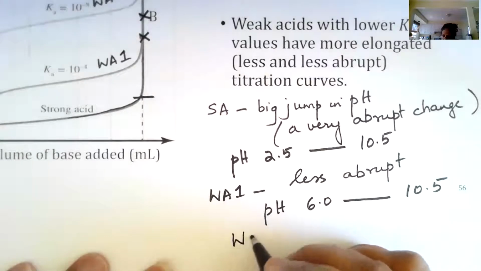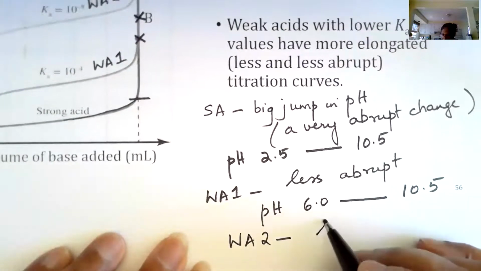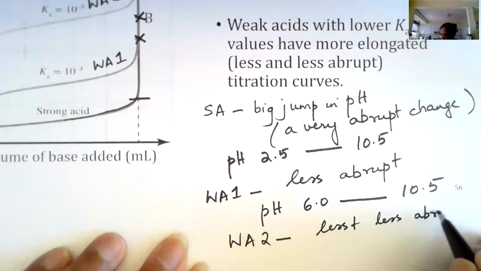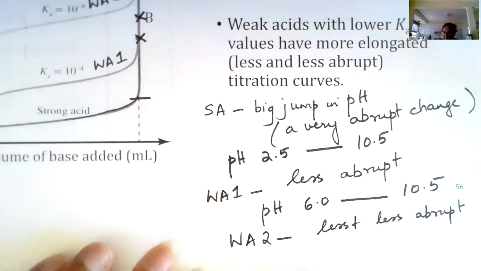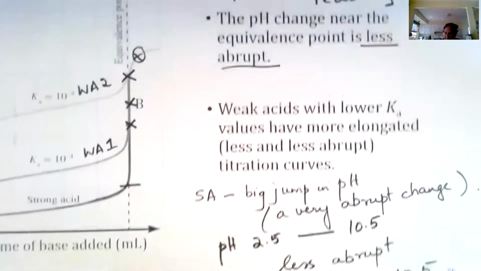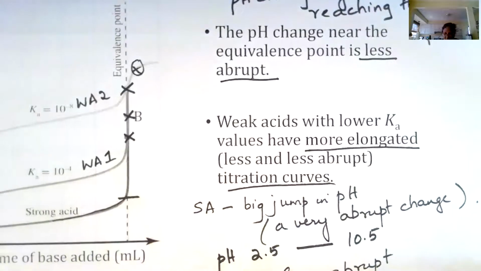Weak acid 2, they say this is less and less abrupt, and they have more elongated titration curves, okay?